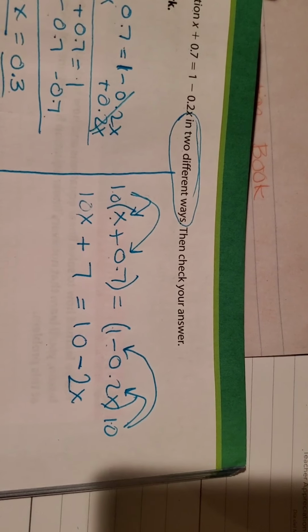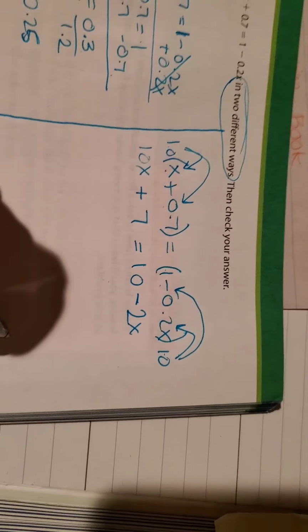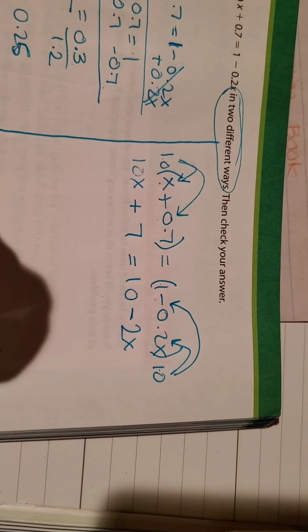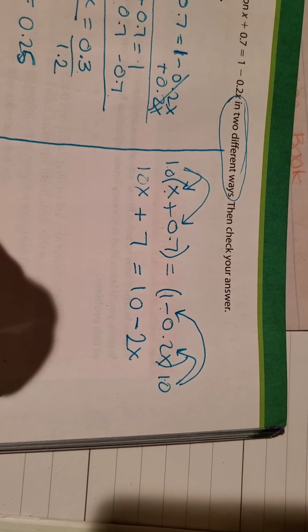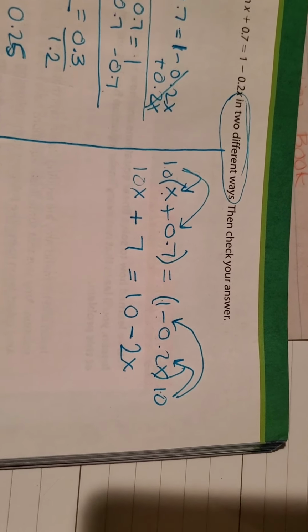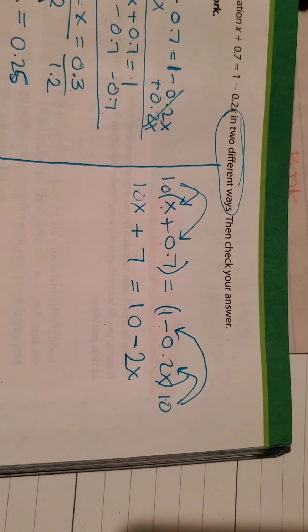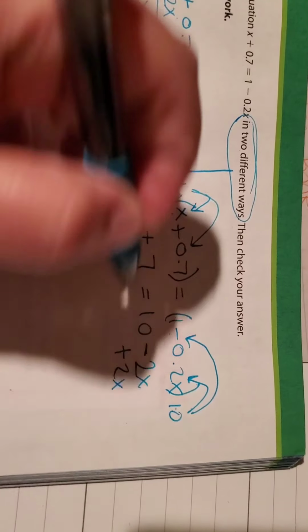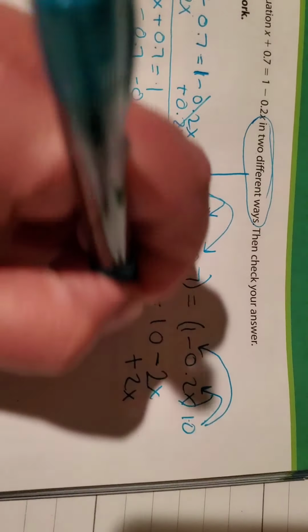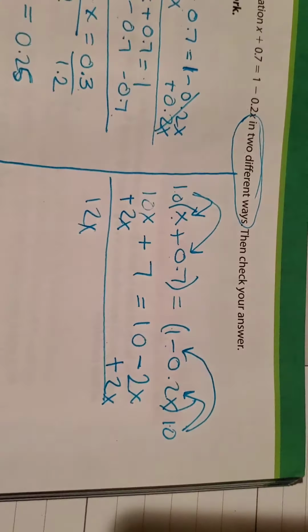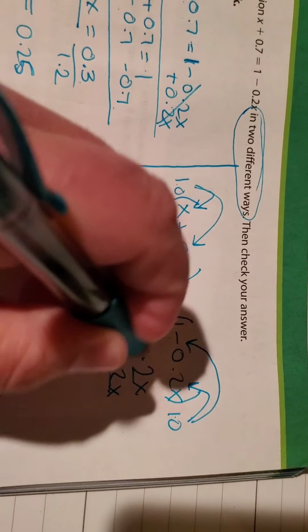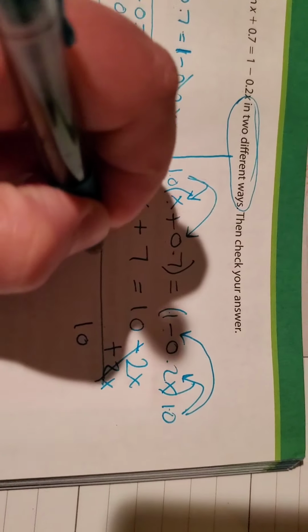Okay, now we just have to simplify. So we're going to add 2x on both sides. This gives me 12x on the left, and on the right I have 10. These cancel out, and I'm going to bring down my plus 7.